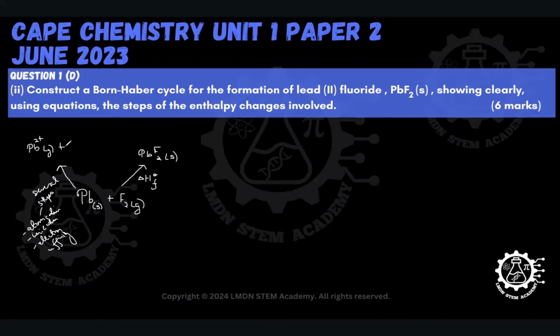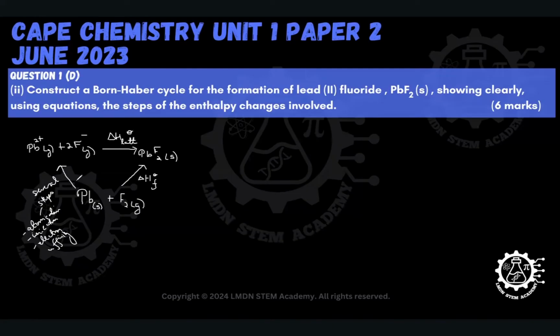As well as 2 fluoride ions in the gas phase, right? And when we put these two ions together, the coming together of these gas phase ions to give us, ultimately, the lead-2 fluoride, we're going to call that delta H lat. So that's our lattice enthalpy, okay?